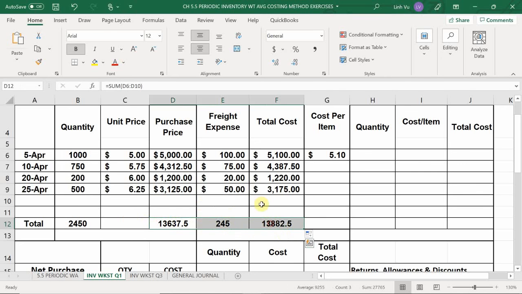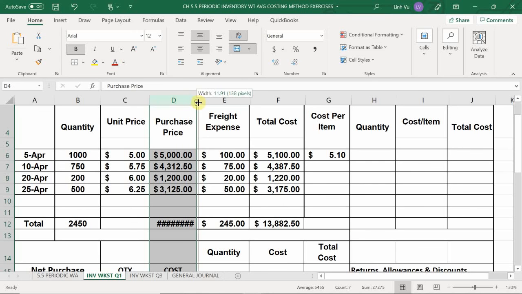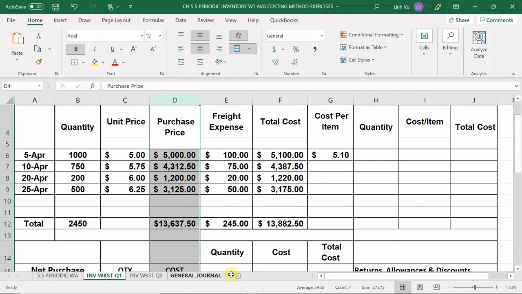Okay. So then this is where I need to solve for my average cost per item. In this case, I'm assuming that I don't have any returns or any discounts or anything that can affect it. So here's going to be my average cost per item.